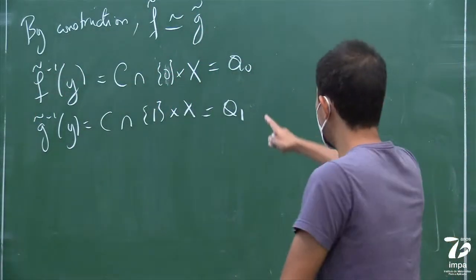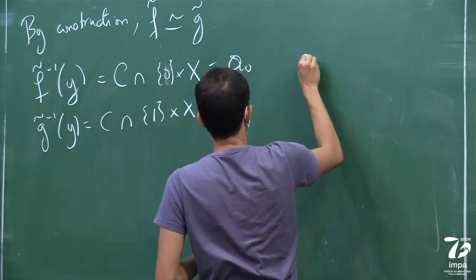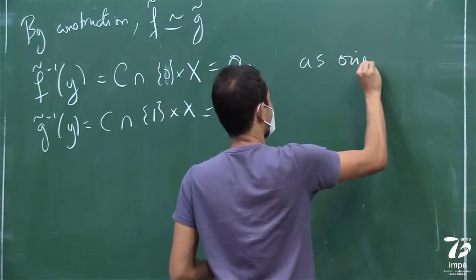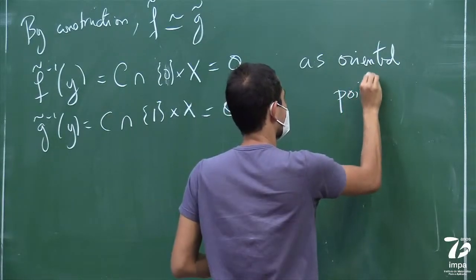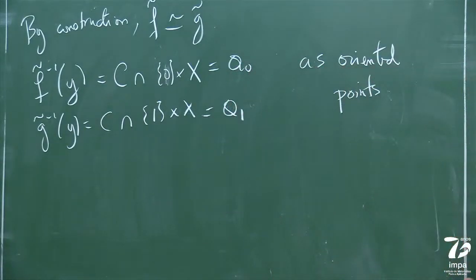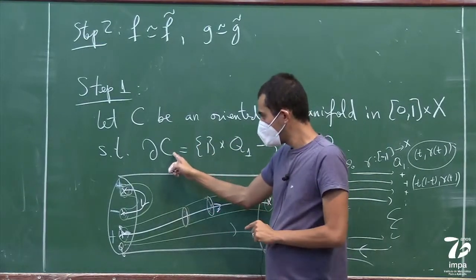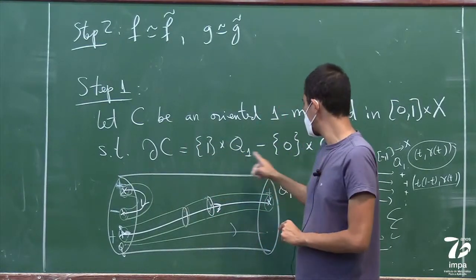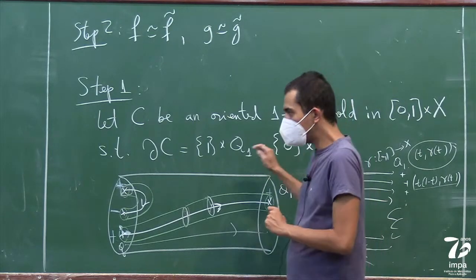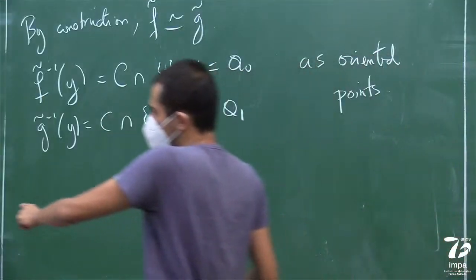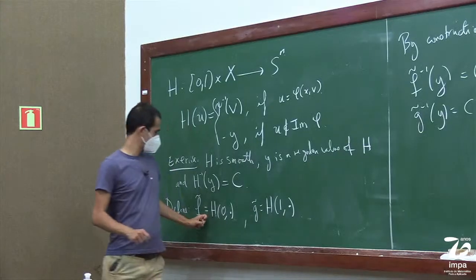So this is true as oriented manifolds, or as oriented points. Okay? Because I said, the boundary of C, these q1 and q0 appear, but then you have to change the signs of q0. But then you change it again when you look at this equality here.